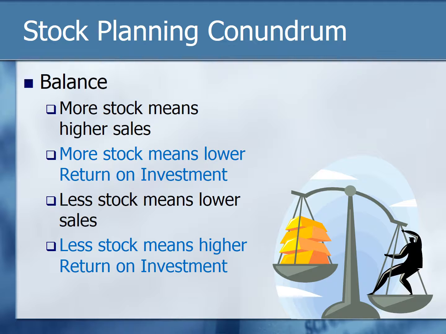But we cannot just increase stock level unlimitedly because more stock means lower return on investment. As compared to the inventory that we have, we're not going to be able to generate as much sales. So in relative terms, more stock means lower return on investment, and less stock means a higher return on investment. So this becomes a really balanced conundrum.